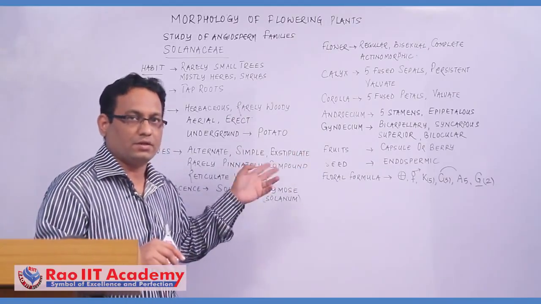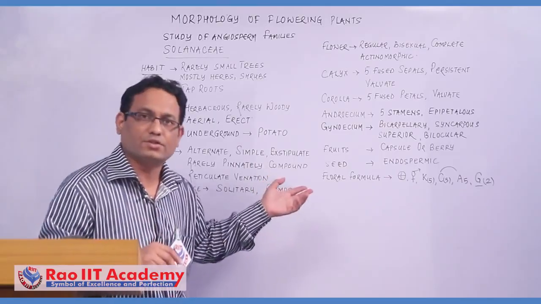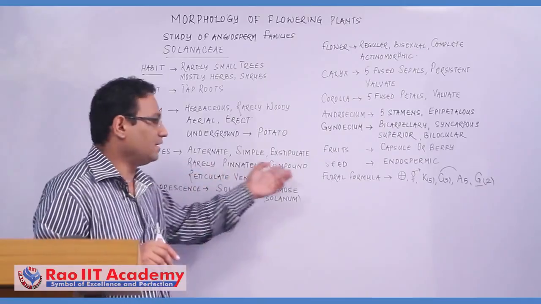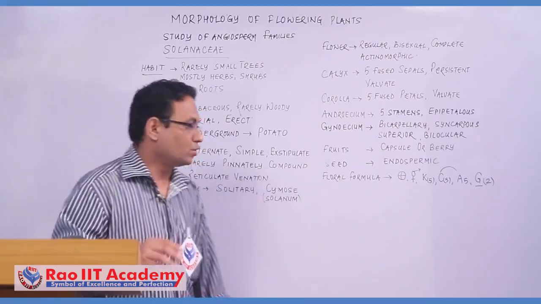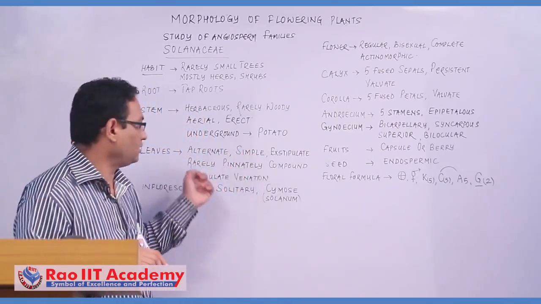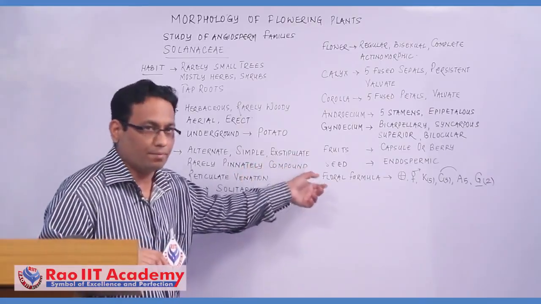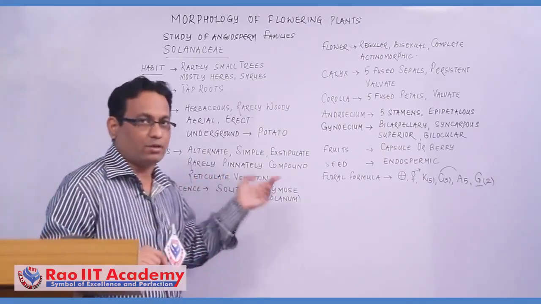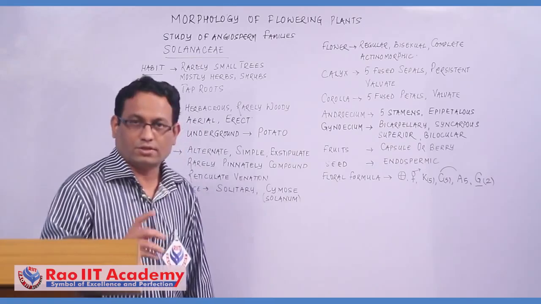Remember, in Fabaceae, the leaves were stipulate. Here we have exstipulate leaves, which may rarely be pinnately compound. So normally the leaves are simple, but only in some exceptional cases may they be compound leaves. Being a dicot, it has the normal reticulate venation of the unicostate type.